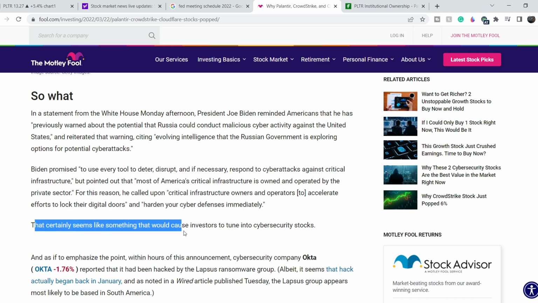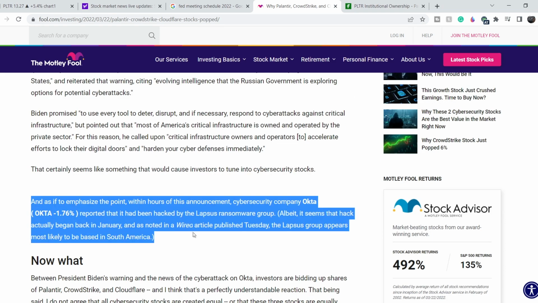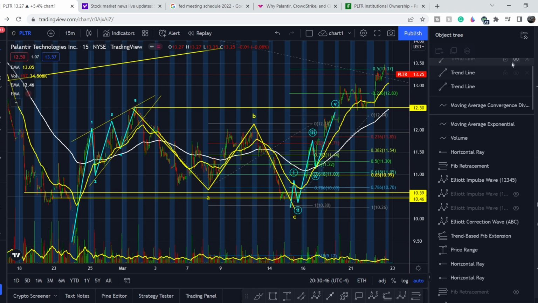That certainly seems like something that would cause investors to tune into cybersecurity stocks. And as if to emphasize the point, within hours of this announcement, cybersecurity company Okta reported that it had been hacked by the Lapsus ransomware group. And definitely it gives more credibility to Joe Biden's statement, and definitely it will push the price of Palantir higher.